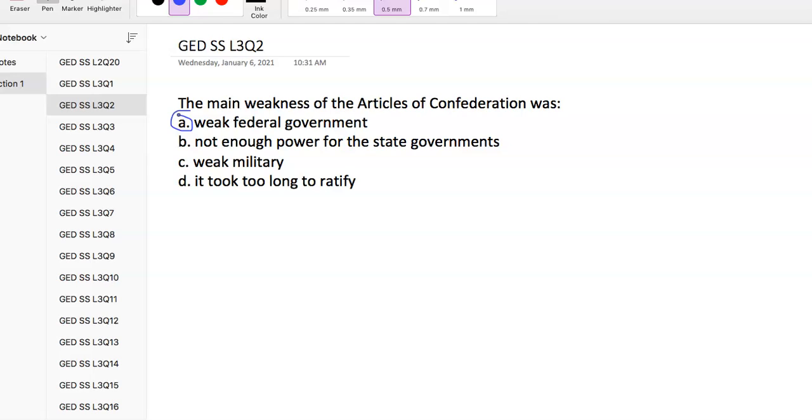We say it had a weak federal government because there was no president, no executive agencies, no judiciary, and no tax base. The new constitution that would show up in 1789 would have a much stronger federal government with a president, courts, and taxes.